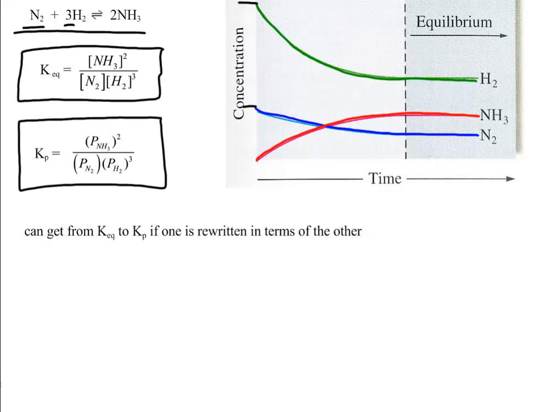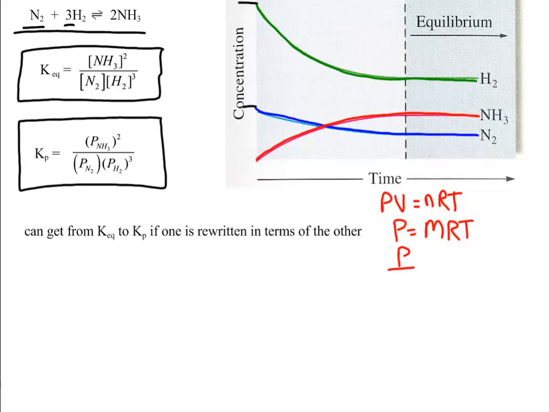So let's start with the pressure. We're going to remember that pressure times volume equals N times R times T. Pressure equals moles times RT. So if I want to take my Kp, pressure equilibrium constant, and make it a K concentration, then I'm going to write this gas law equation in terms of molarity.